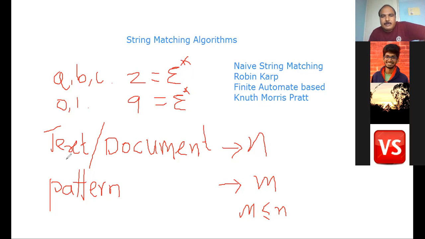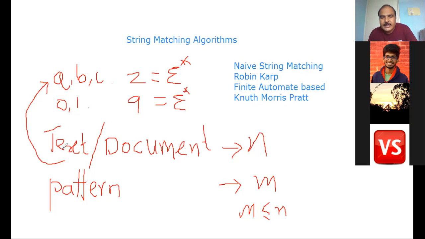A text is formed by taking symbols from the alphabet. In the same way, the pattern is formed by taking symbols from the alphabet. The alphabet can be A to Z, or it can be 0 to 9. So anything can be an alphabet.